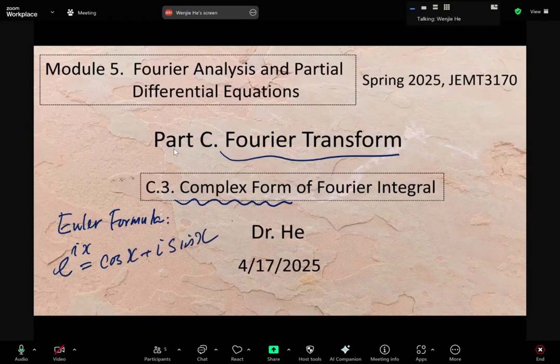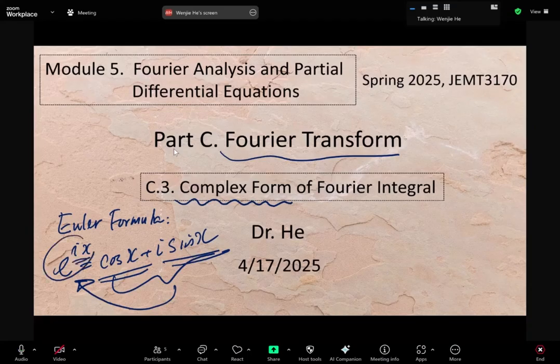Now you have the cosine version of the Fourier transform, and you also have the sine version. Can you combine these two versions? Then you get a complex version, because this time it's a complex function. That is the Fourier transform. You combine them.